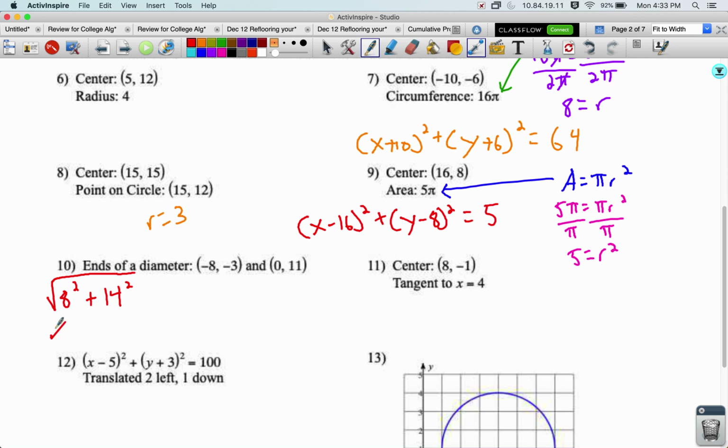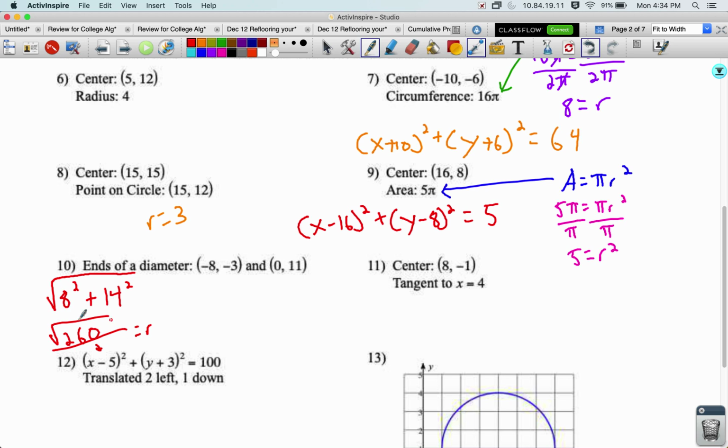So the square root of 260 is the diameter. So the square root of 260 over 2 is the radius. We can simplify that.